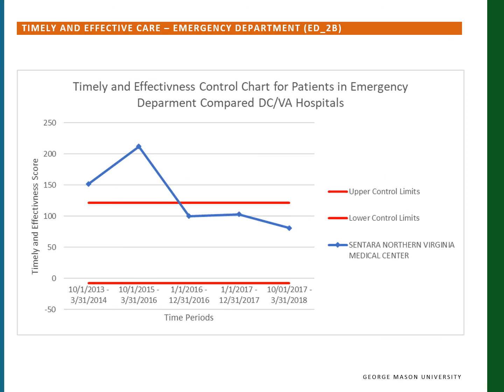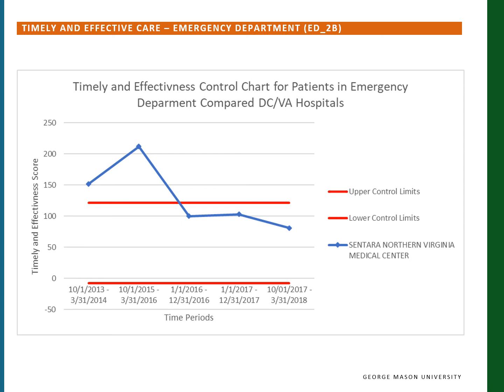The next control chart includes timely and effective care, emergency department, measure ID ED_2B. As you can see, the control chart has an upper control limit of about 120 and a lower control limit below 0. It's important to describe the score and how it is reflected on the control chart.